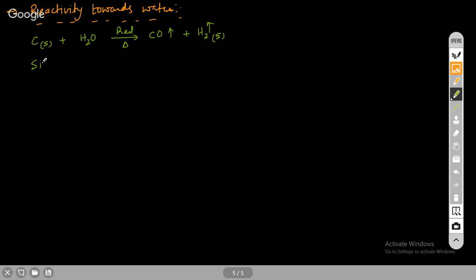Si solid reacts with 2H2O, on red heat it gives SiO2 plus H2. Sn solid plus H2O gives SnO2 plus H2 gas.